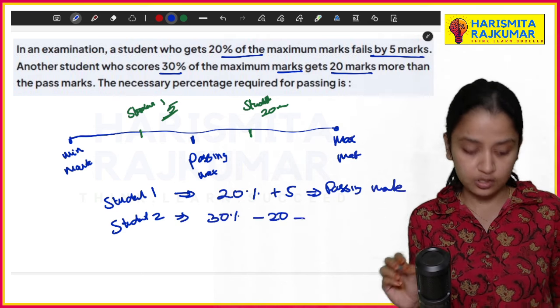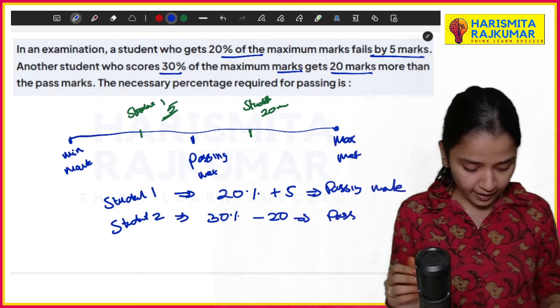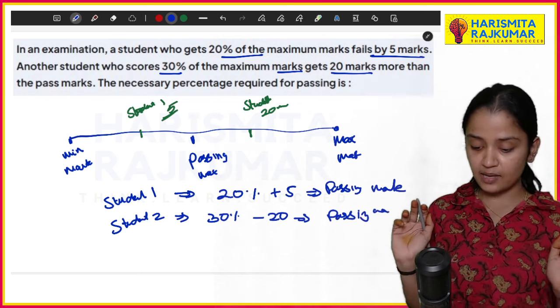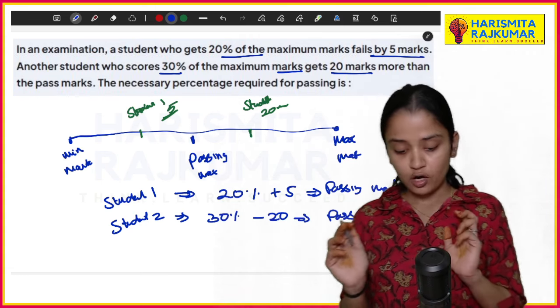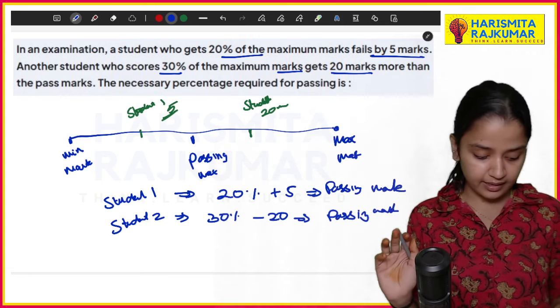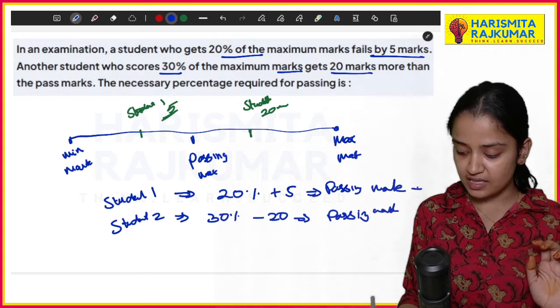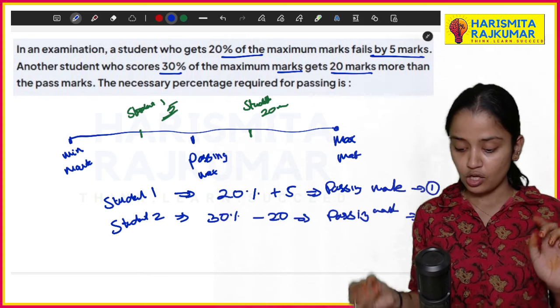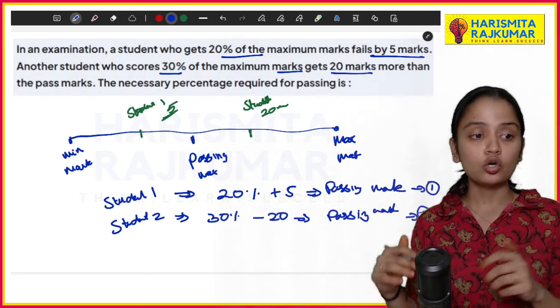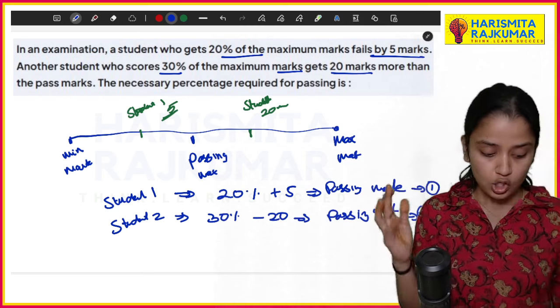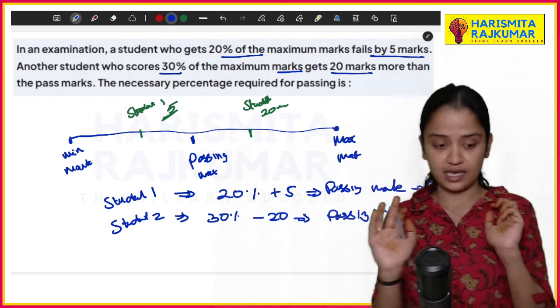I hope you understood it. Now find the necessary percentage required for the passing mark. I'll give you a hint. Keep this as equation 1 and equation 2. Subtract equation 2 from equation 1.